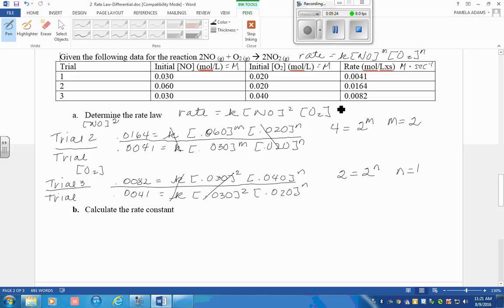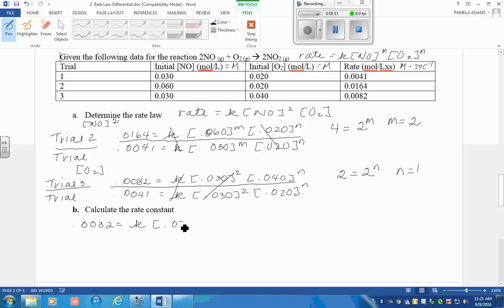So now we're going to calculate the rate law constant, and again you use the experimental data. You know the rate law, and so you can choose any trial you would like. I am going to try trial 3. And so the rate for trial 3 is 0.0082 is equal to k, and then you pop in the values here.